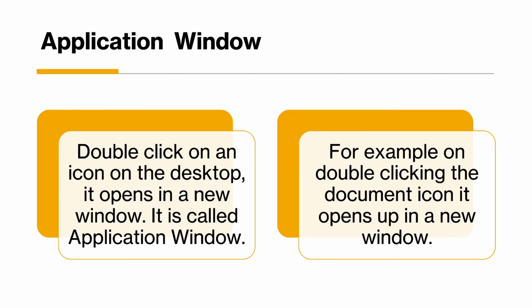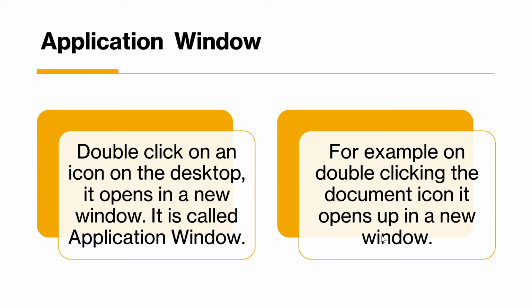Now, application window. When we double click on an icon, any icon on the desktop, it opens in a new window. It is called an application window. For example, on double clicking the document icon, it opens up in a new window.